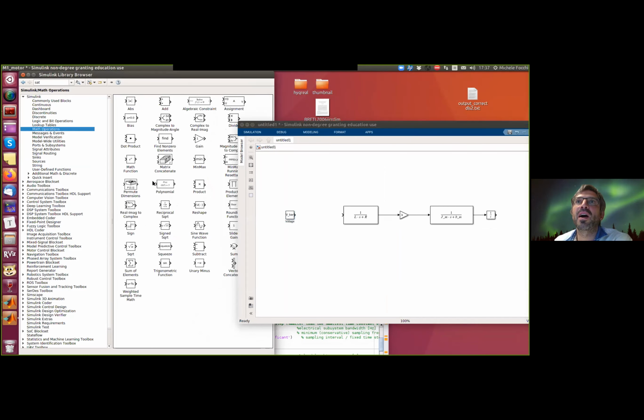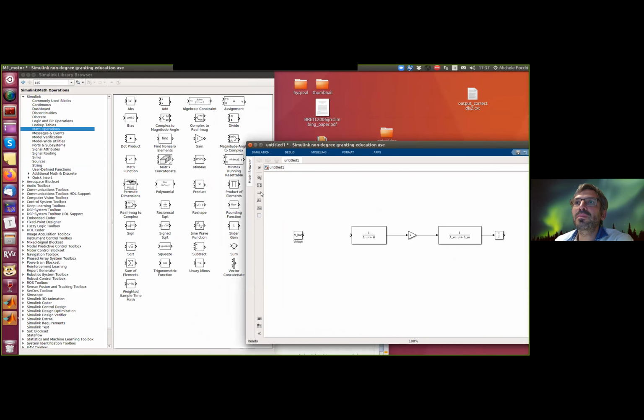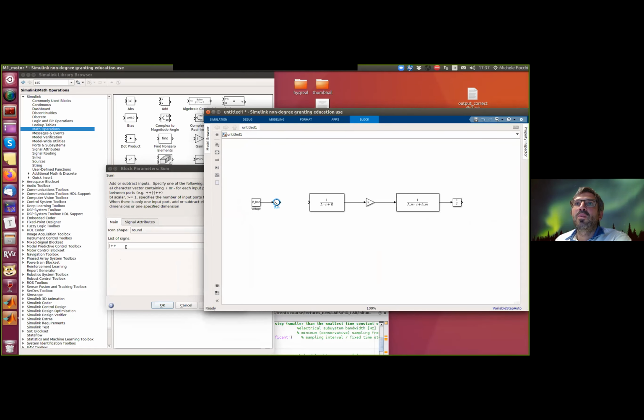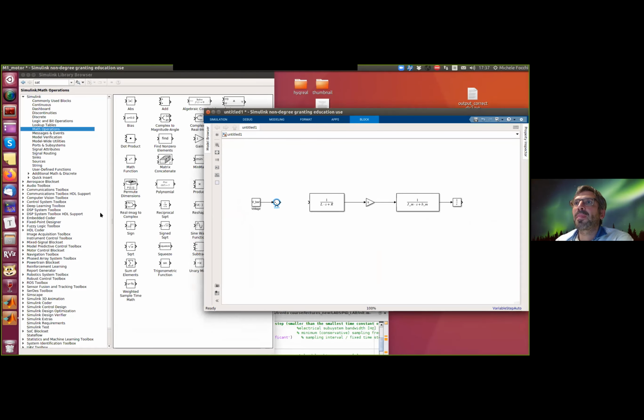So we put a summing block here that you can find in the math operations. We have a plus, but to make it a minus, you double click on that and you put a minus here. This becomes a plus minus block. And this is the input to the electrical dynamics.